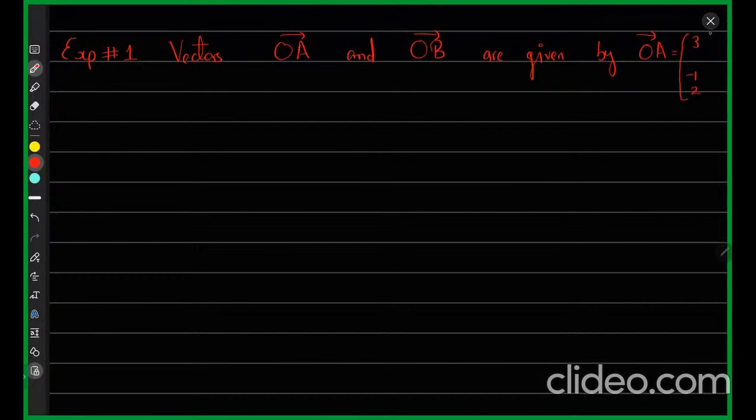Example number 1 says, vectors OA and OB are given by OA, that is 3, minus 1 and 2, and OB, that is 6, minus 4 and minus 5.